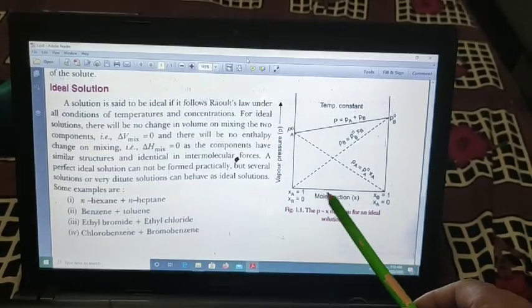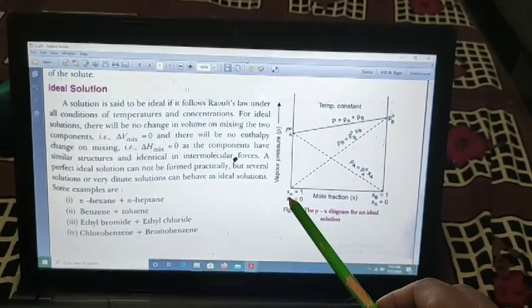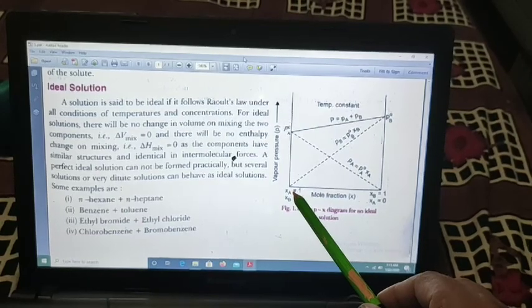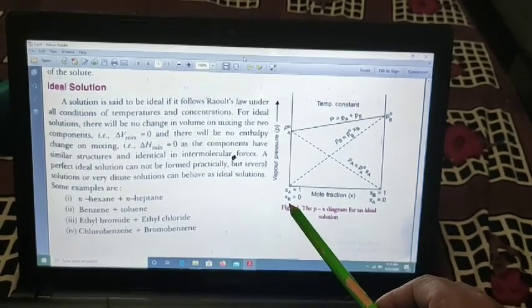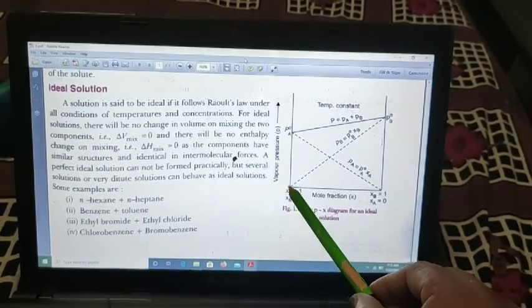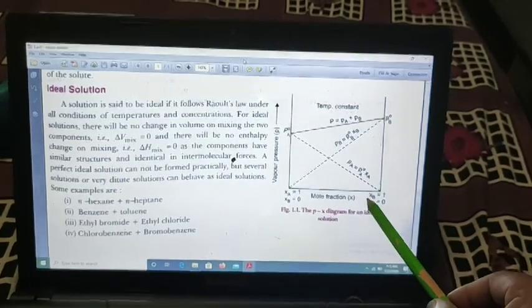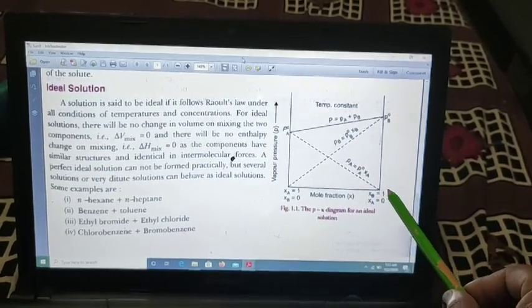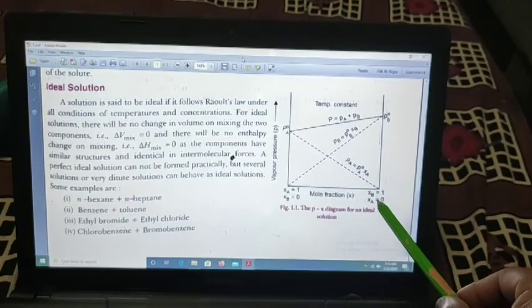Over here, XA is the mole fraction of the solute, that is 1, and this is the solvent. So XA is 1 and XA is 0. And over here XB, solvent is 1 and the mole fraction of solute is 0.